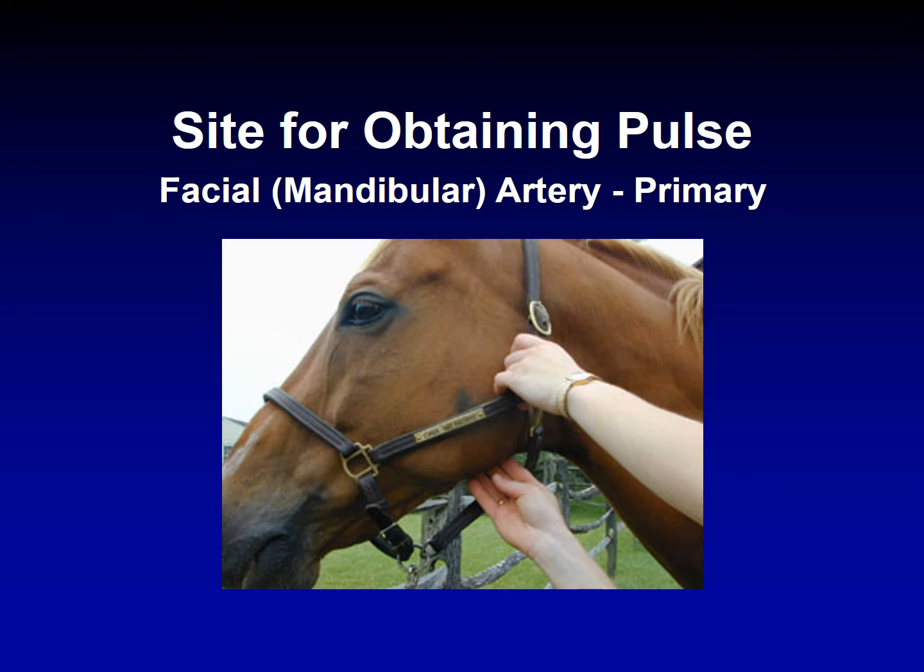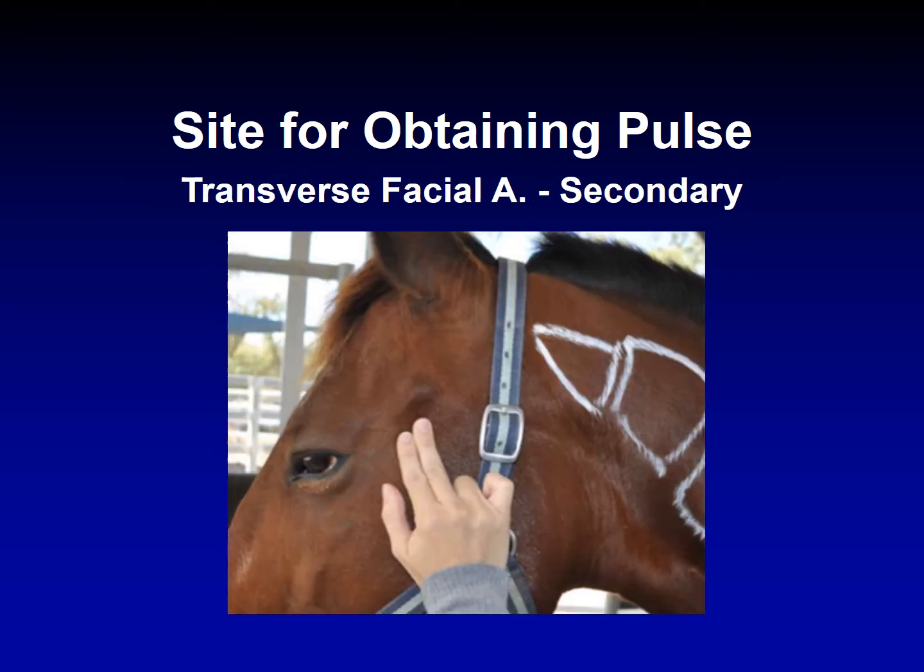The facial artery, or the mandibular artery, since we're talking about the head and the neck, is a good site, a primary site to get pulse from. Also, you have the transverse facial artery.